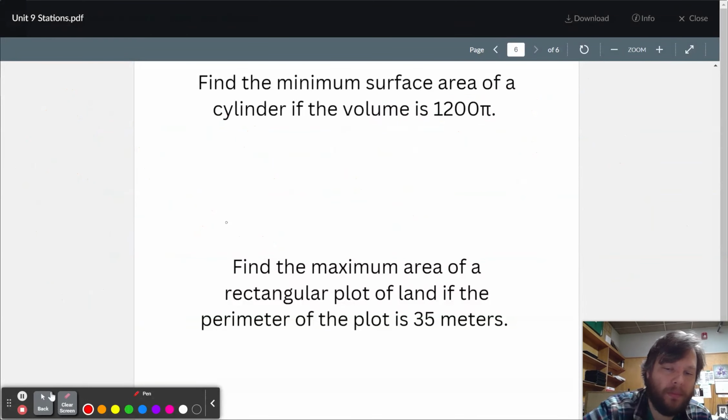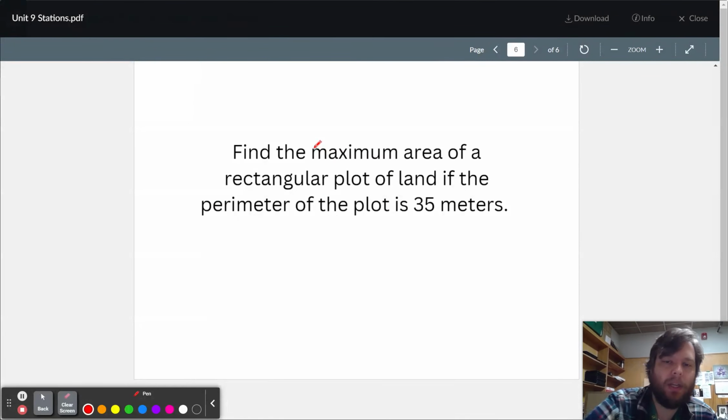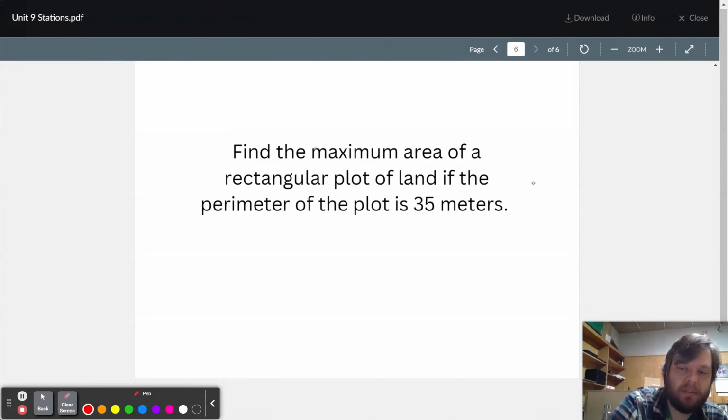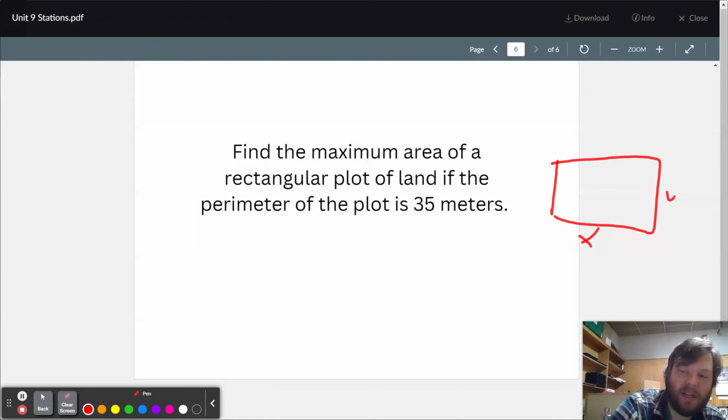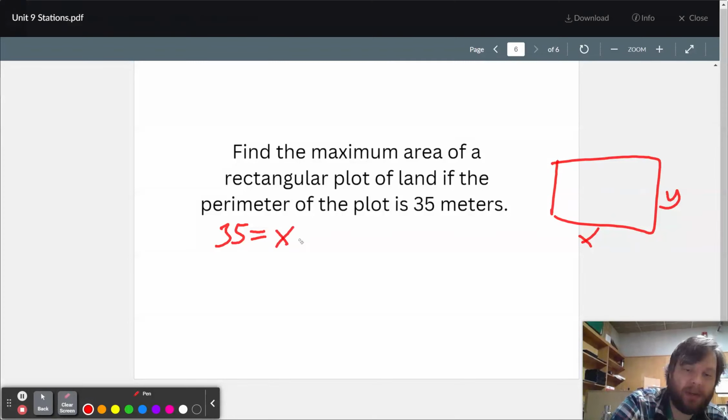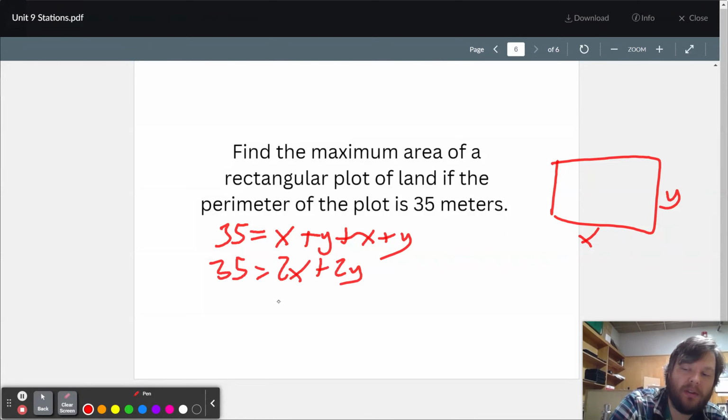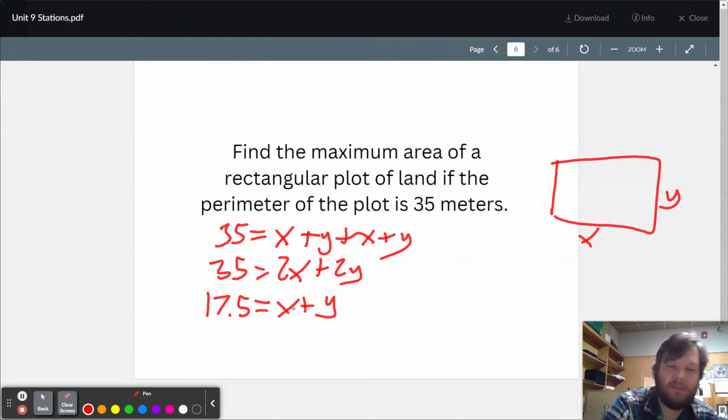Last problem, similar process, maximum area of a rectangle if the perimeter is 35. So as you set up your perimeter, I just like to call x and y like this. So my perimeter is equal to adding up all four sides of the shape, which is the same as saying you had 2x plus 2y, which is the same as saying the x and the y are 35 divided by 2.